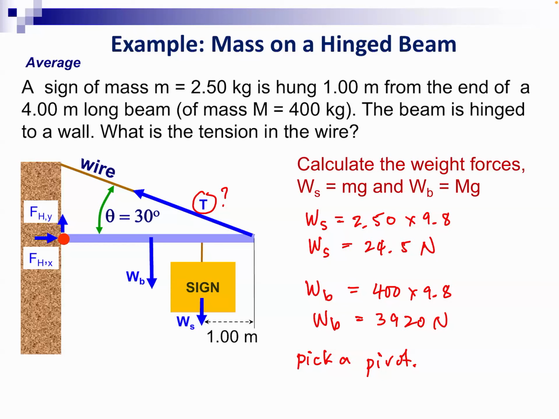Where will be the most sensible place to put the pivot? If you put the pivot here at the wall, at the hinge, then you eliminate the force due to the hinge, and immediately you eliminate 2 unknown forces. So it's most sensible to put the pivot at the hinge.